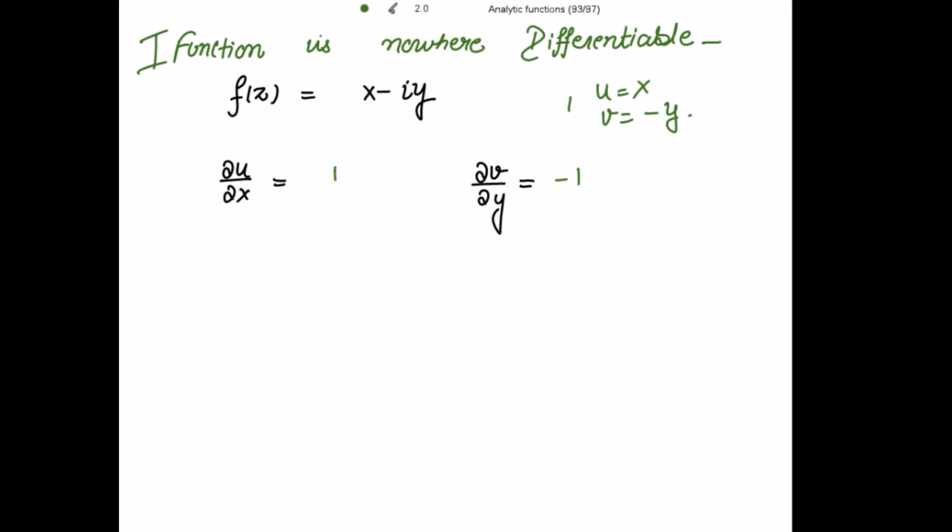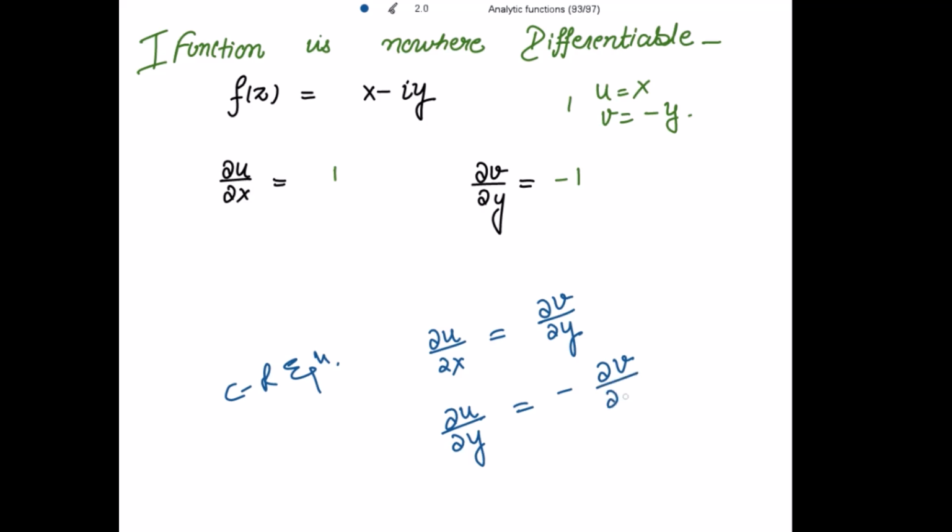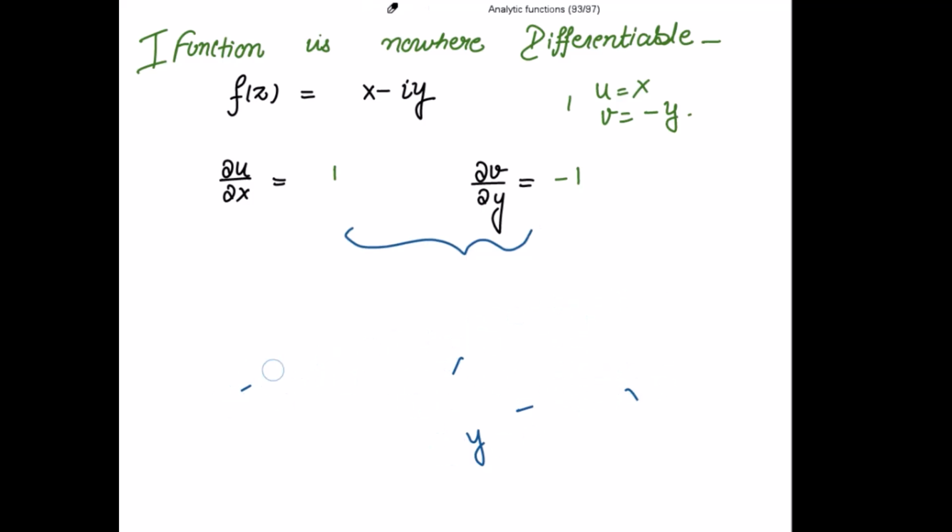What are the Cauchy Riemann equations? The CR equations are: partial derivative of u with respect to x should be equal to partial derivative of v with respect to y, and partial derivative of u with respect to y should be equal to negative of partial derivative of v with respect to x. So the first equation is not satisfied, right? So we say that the CR equation is not satisfied over here.